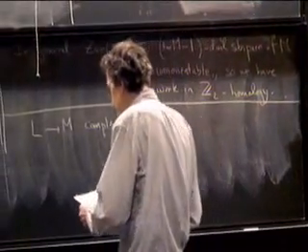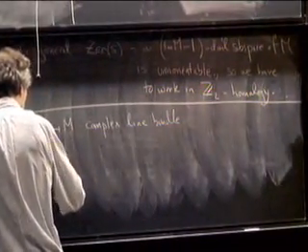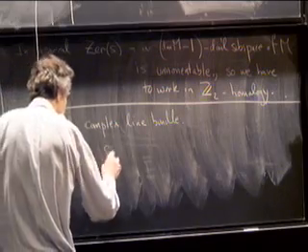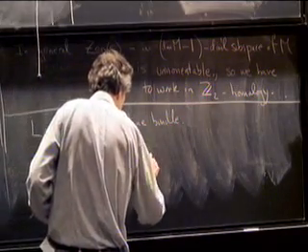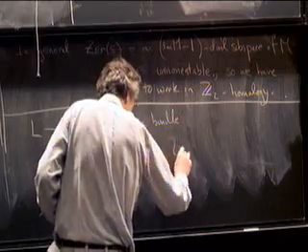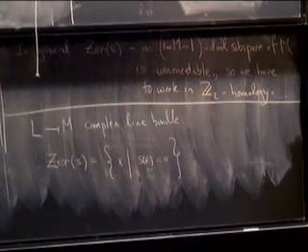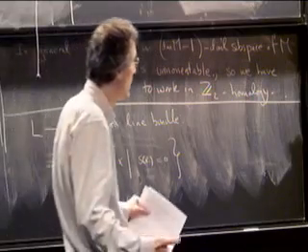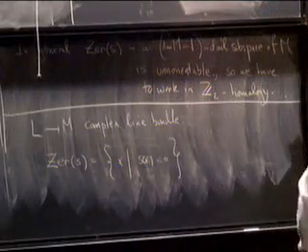So now we can play the same game. Now the zero set of S is the set of X such that S of X equals 0. Once again, that zero set is independent of what trivialization you choose.